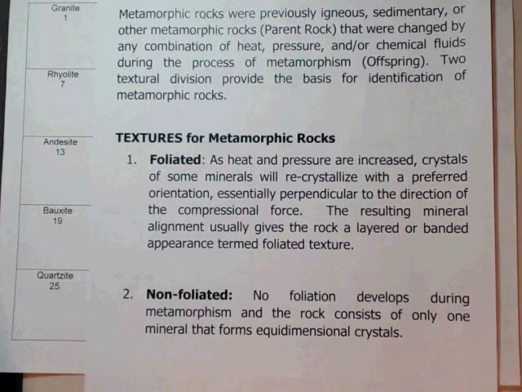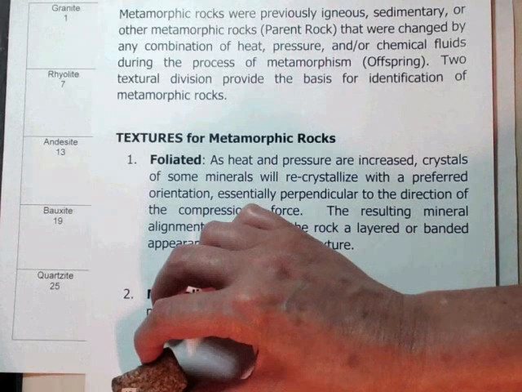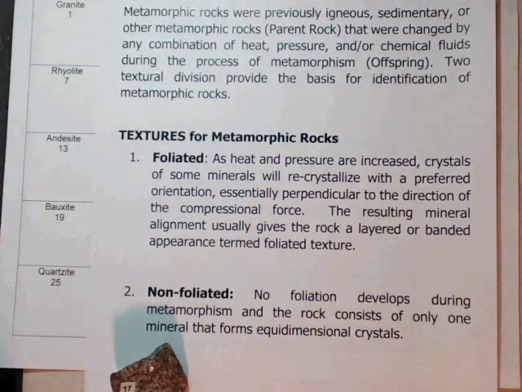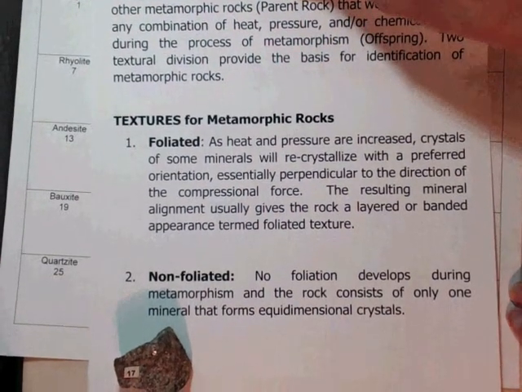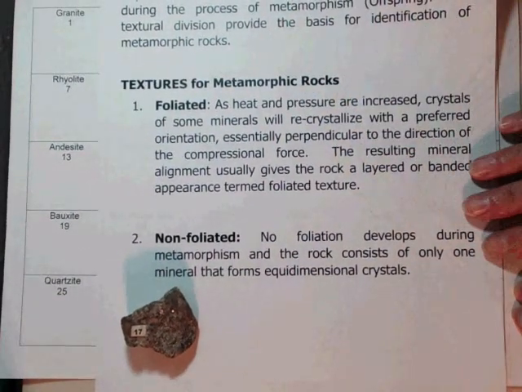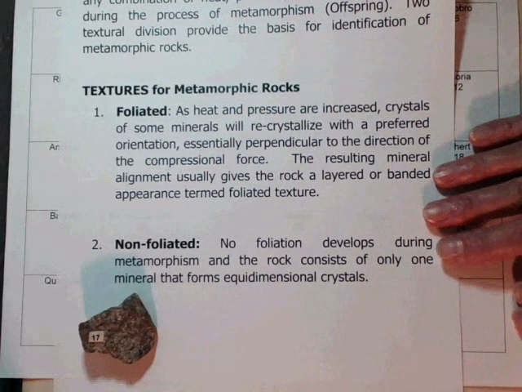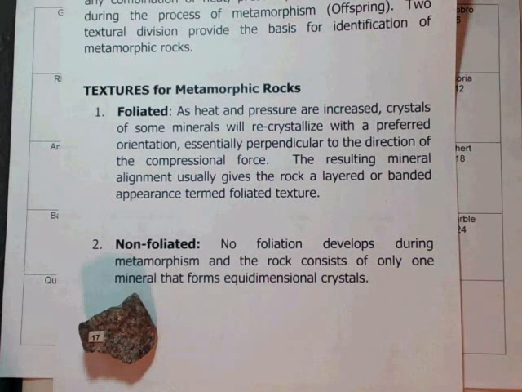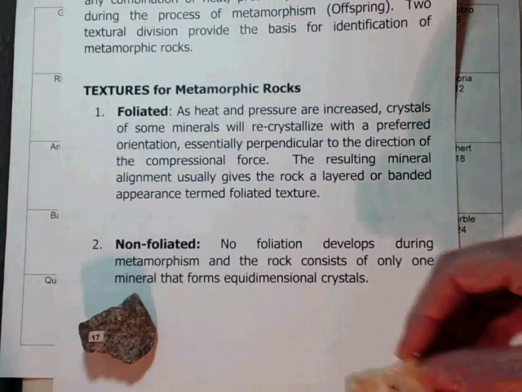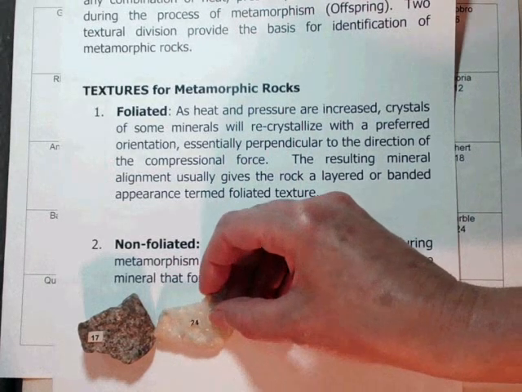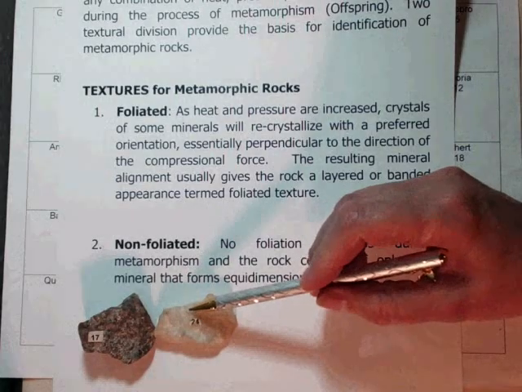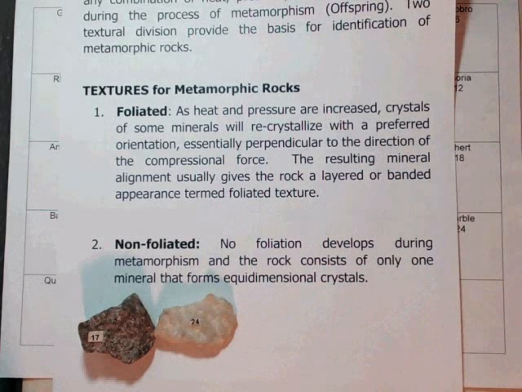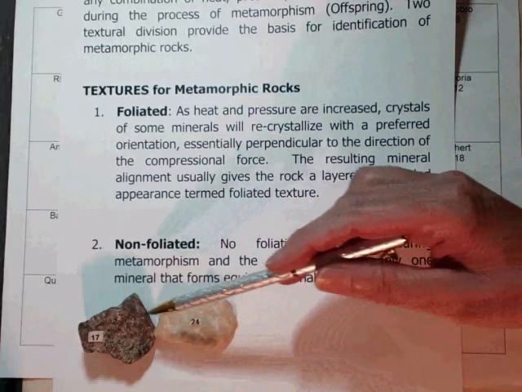So when we start out with the parent rock, the chemical sedimentary rock of limestone, which is number 17 in your trays, the metamorphic offspring would be number 24, marble. You do kind of see the crystals look a little more enlarged and a little more fused in the metamorphic offspring of a limestone.